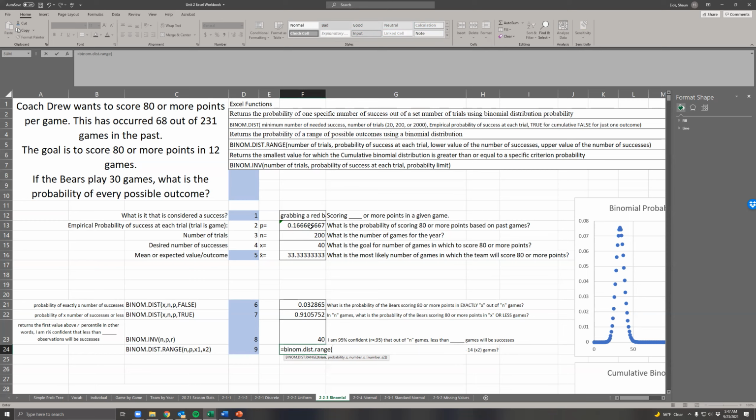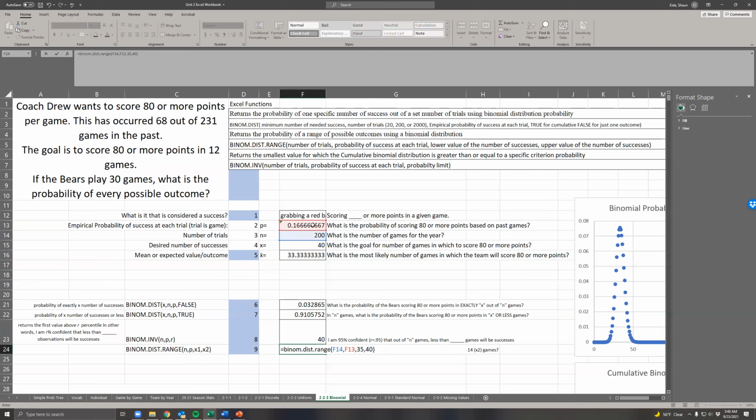So let's do 35. Trials. Probability. I'm just making up these numbers. And it doesn't have to be a range of 10. So maybe we should just do 35 to 40.